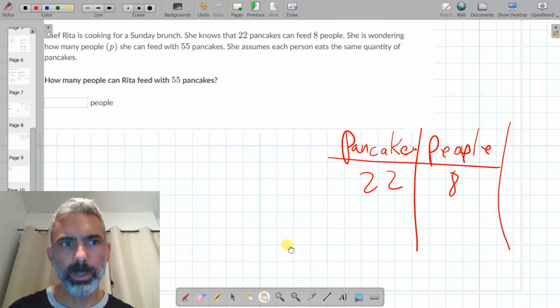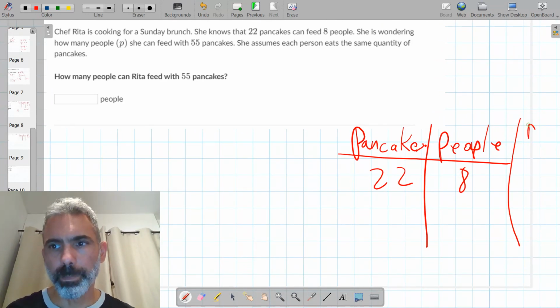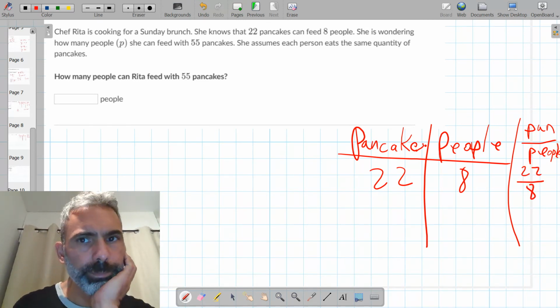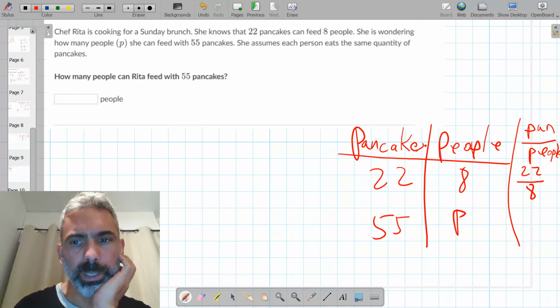So the relationship between pancakes and people is 22 over 8. She is wondering how many people, P, she can feed with 55 pancakes.